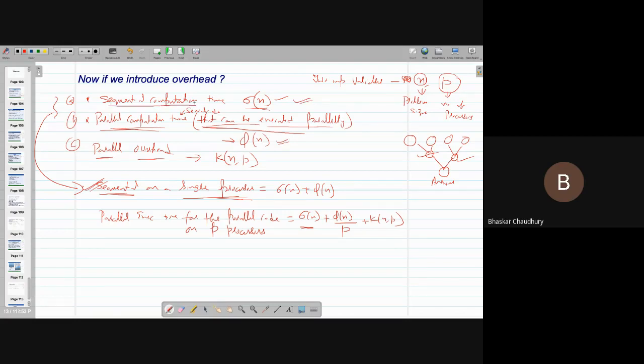I cannot do it in parallel. The second part is the parallel computation of the serial code, which can be executed in parallel. That is the phi n part, which can be divided equally, so it gets phi n divided by p. Plus you have to introduce the overhead, which is k of n comma p. All of you agree up to this point?